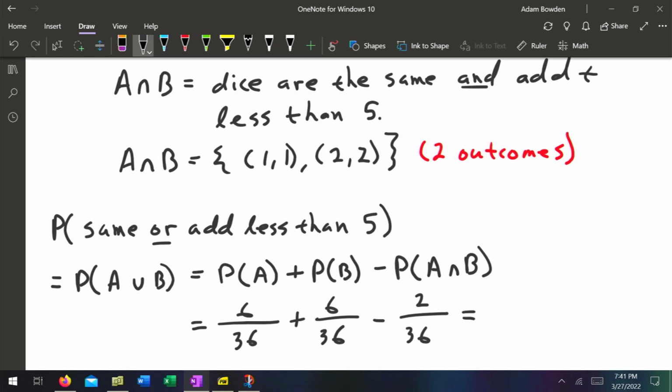So minus 2 over 36. When we put this together, it'll be 10 divided by 36, which is reduced down to 5 over 18. And that's the probability on this one.